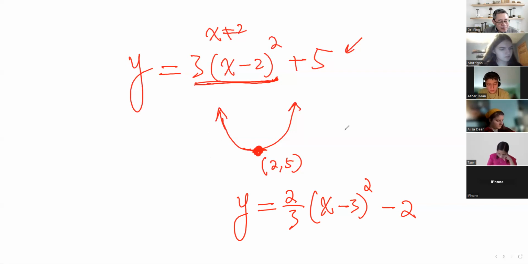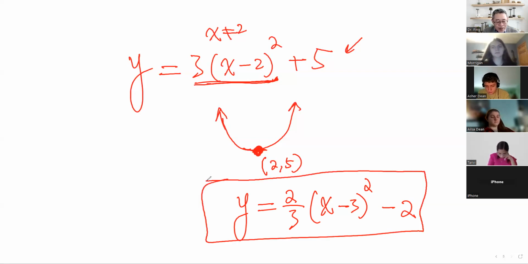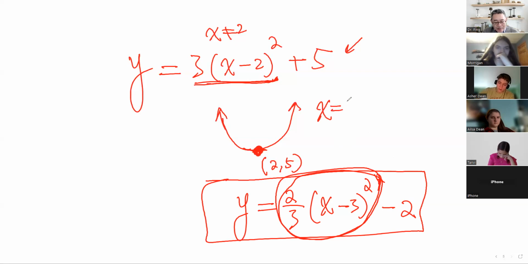It's related, but it's not that. We're talking about quadratic functions. When you have something like this, we know that the smallest number we can get from this part is when x equals 3.